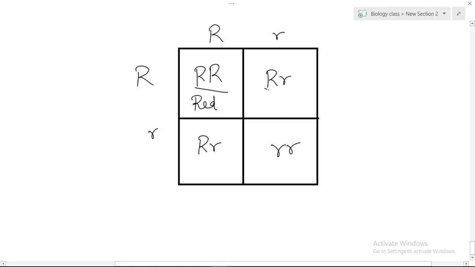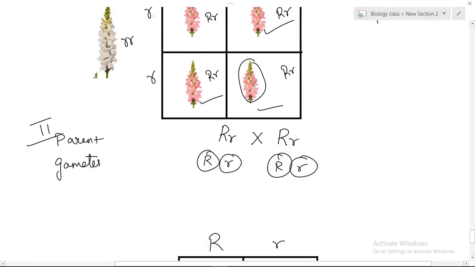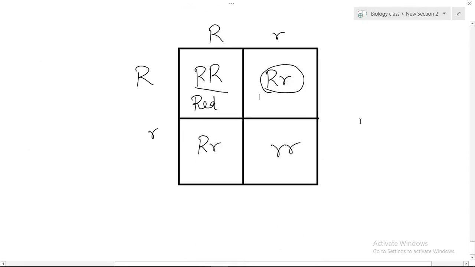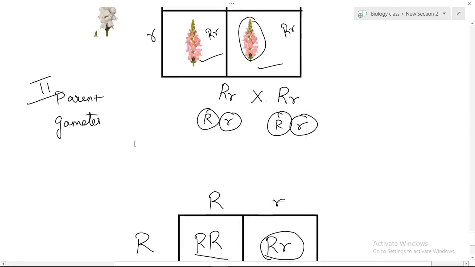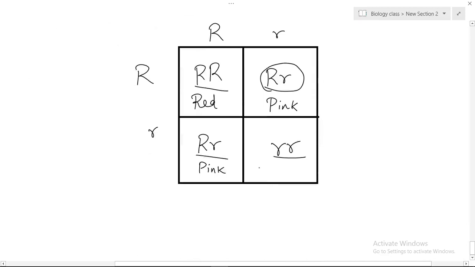Here we have an intermediate, capital R and small r. Just now we have seen that if capital R and small r is there, it is a pink flower. Once again capital R, small r, pink again, and small r small r, so the color of the flower is white. So this is the F2 generation.